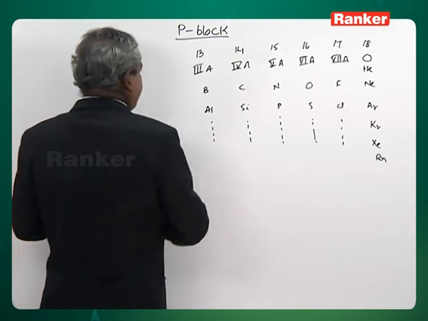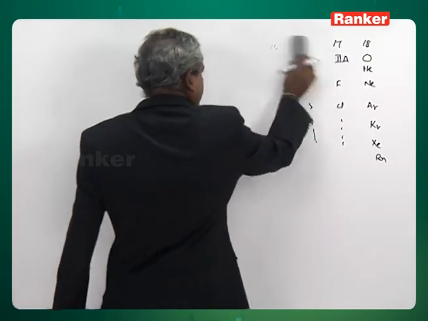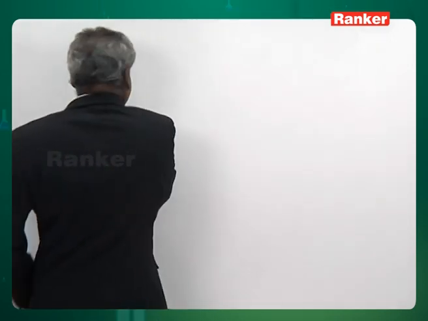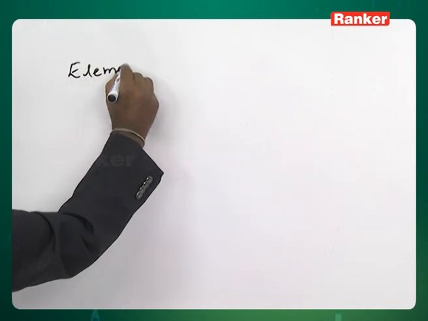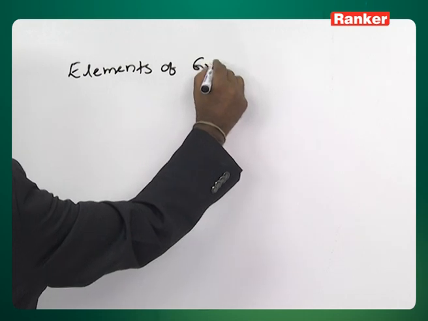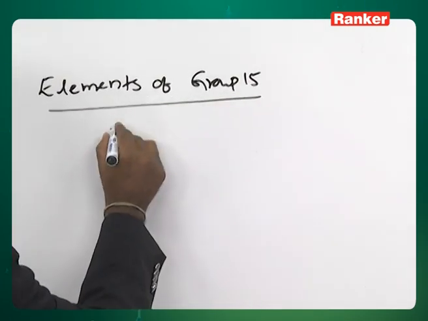So, let us take a particular group, any one of the groups as an example. Say for instance, elements of group 15, 5A.